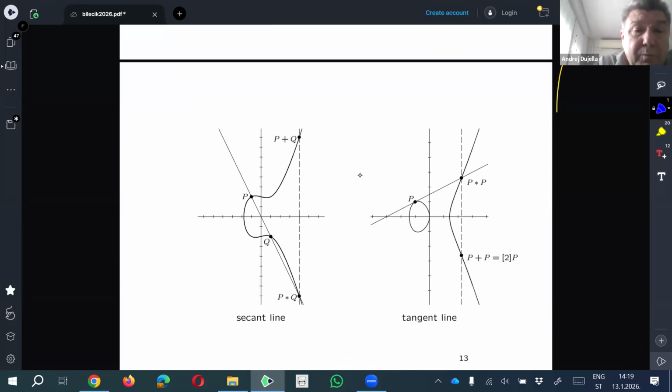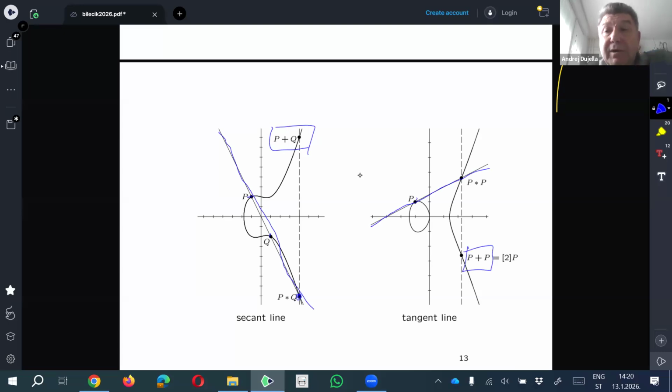And to add 2 points, we draw a straight line through these 2 points, and because an elliptic curve is a curve of degree 3, we can expect that this line intersects the curve in one additional point, and the opposite point of this intersection is defined as P plus Q.